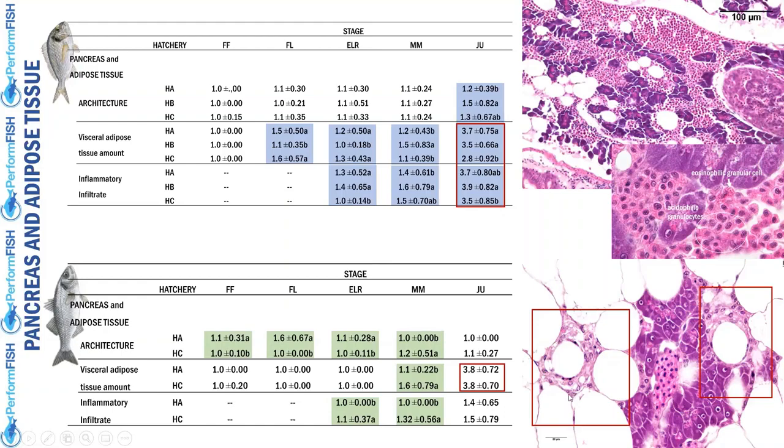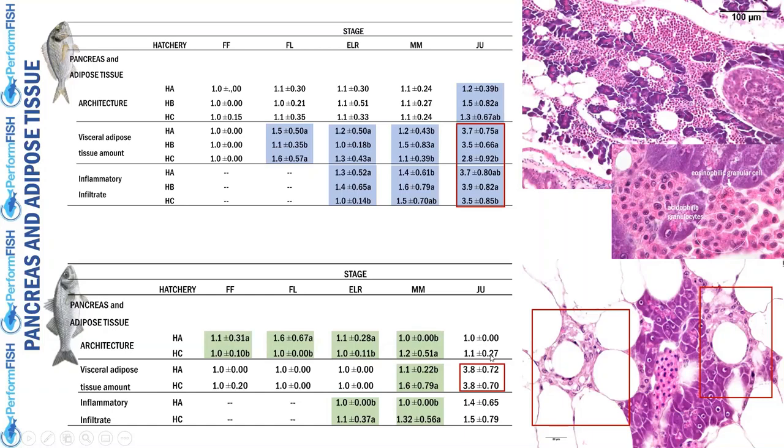This lesion resembles the crown-like structure in mammals, and the crown-like structures are composed of a dead adipocyte and macrophages around the adipocyte.